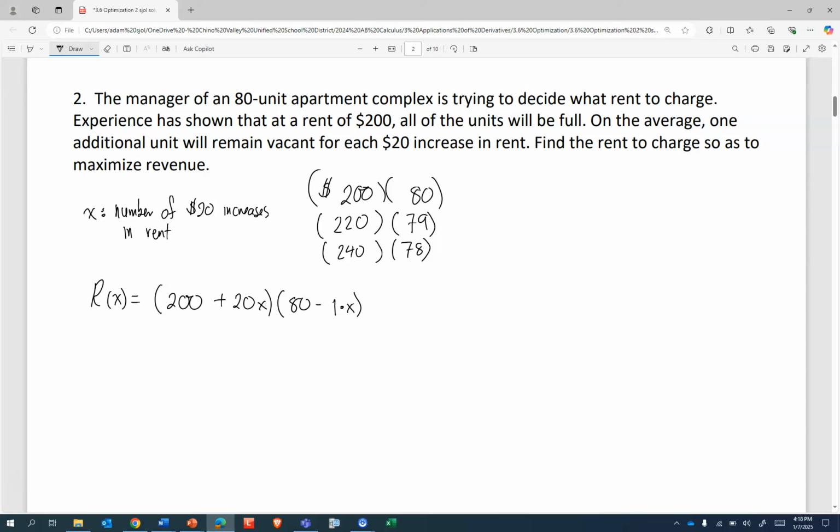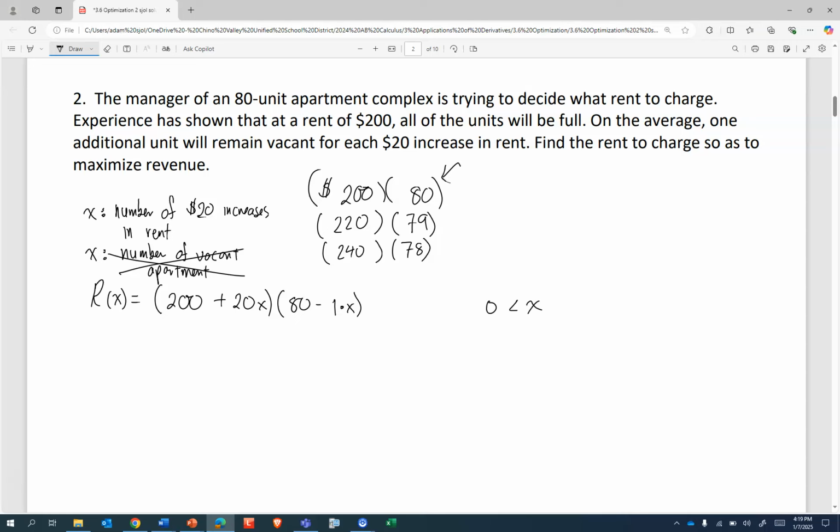And let's see. Everything's full, so that means we can't go less than 0. If we had a negative number, we could charge less than 200, but we're already renting out all 80 apartments, so we can't make more money, because that would just be 80 times 180 or 80 times 160, and that's obviously less money overall.